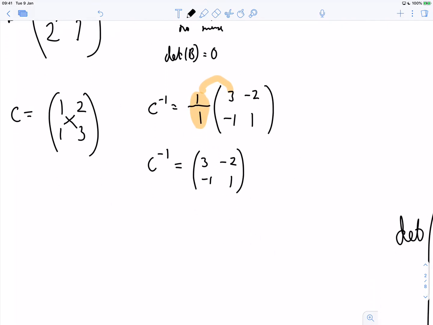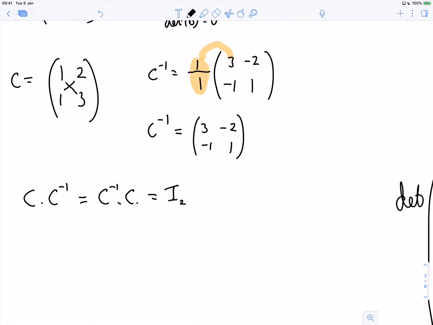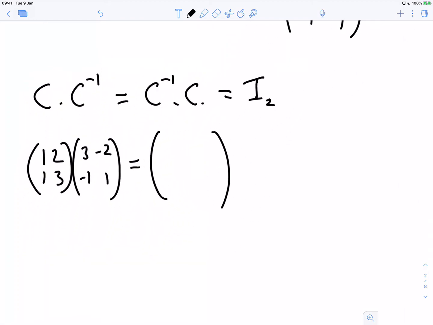And then finally, let's check that C times the inverse of C, which should be the same as the inverse of C times C, does equal the identity matrix 2 by 2. Well, let's do 1, 2, 1, 3, multiply that by 3, minus 2, minus 1, 1. Same deal, rows, columns.